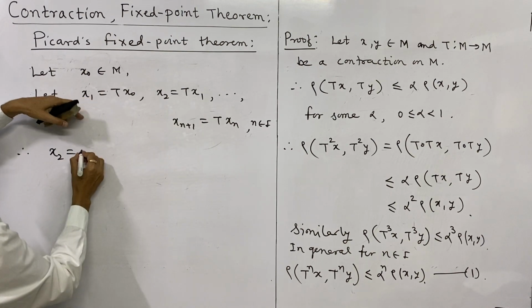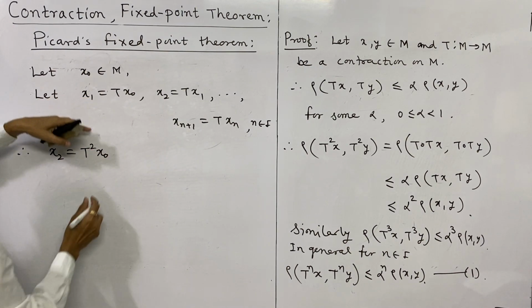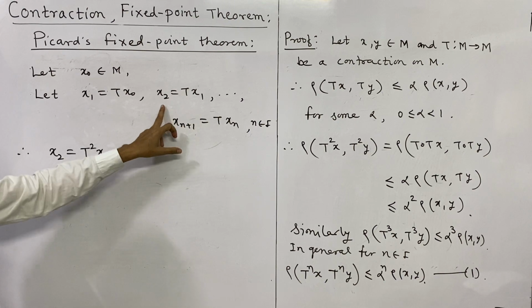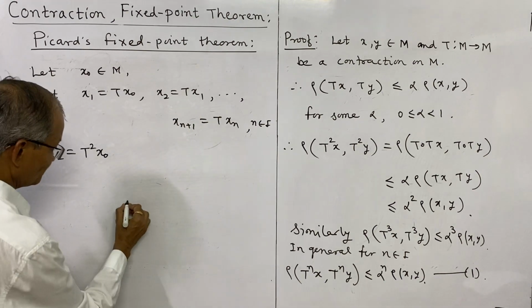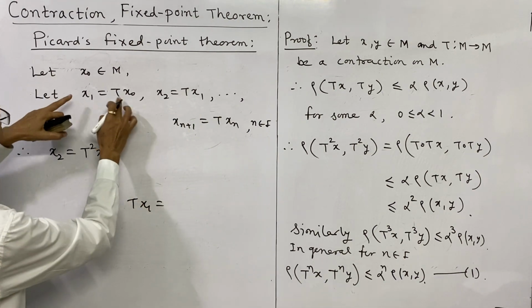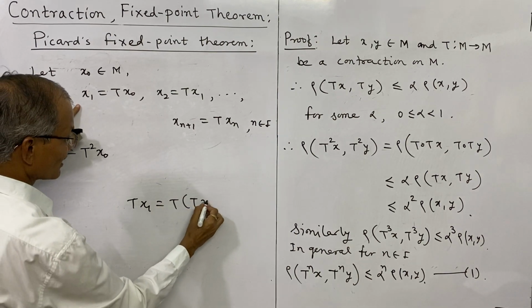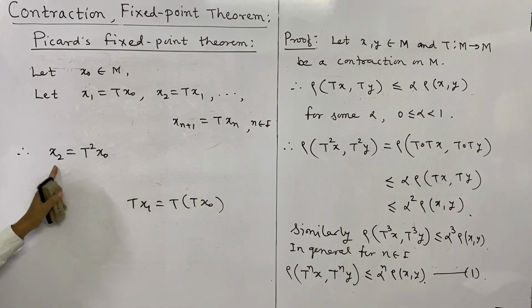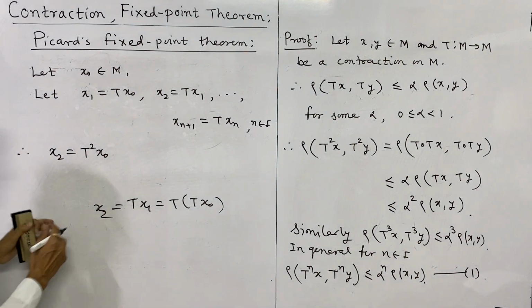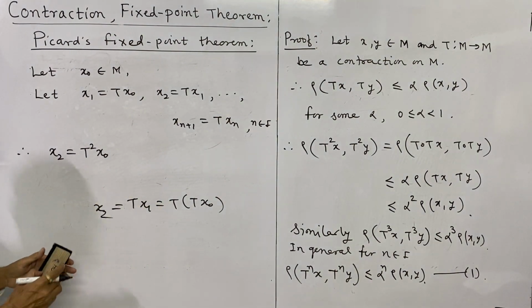So x2 will be T square of x naught. We can verify here. What is x2? x2 is T x1, and what is x1? x1 is T x naught. So T x1, that is x2, becomes T square x naught.